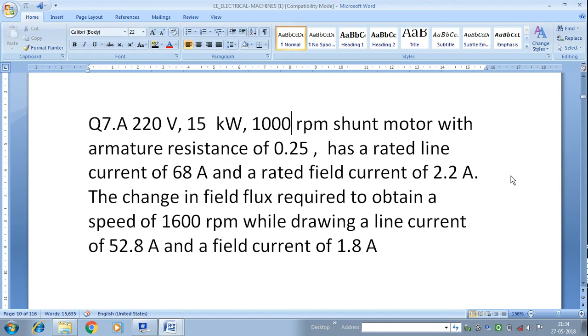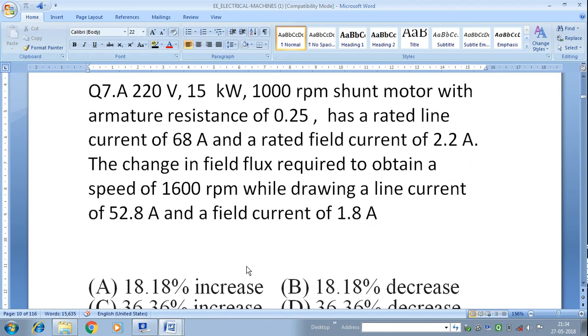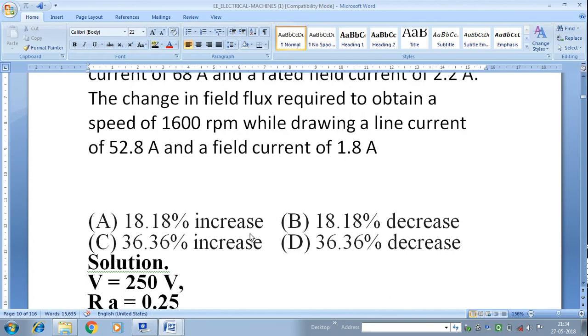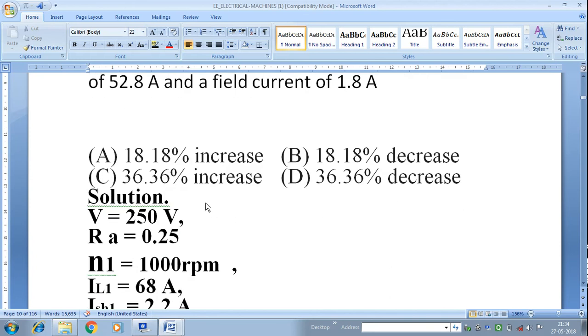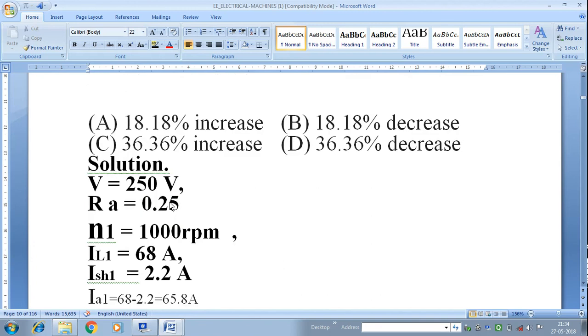So how much flux will change when the speed changes from 1000 rpm to 1600 rpm? This is a very simple but important question. You should clearly understand, and this is the simplest method to understand the question. So let us see the solution.